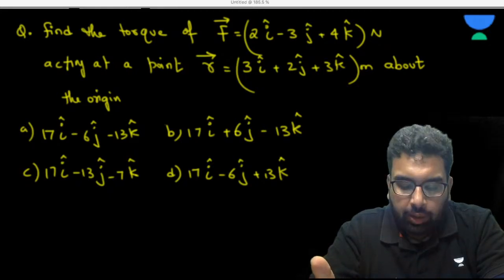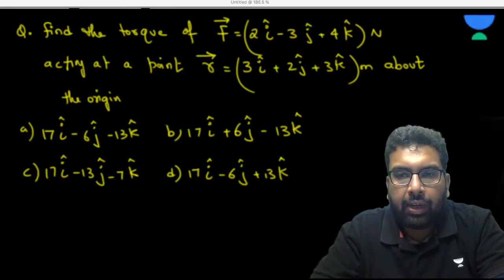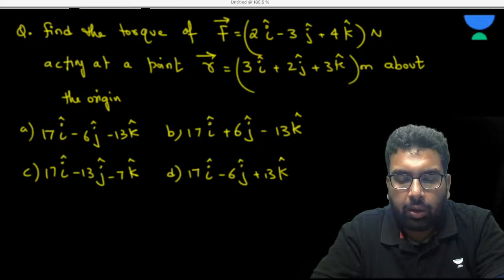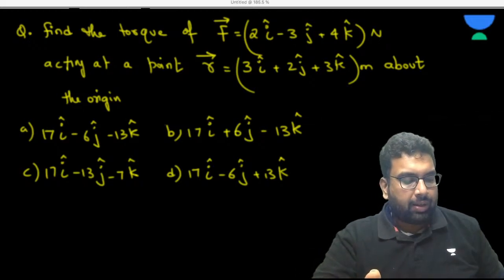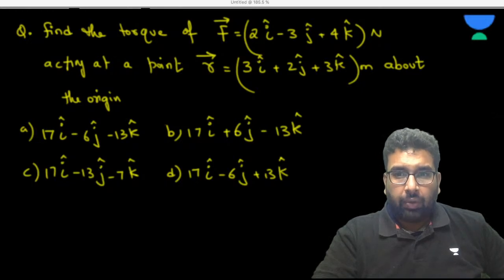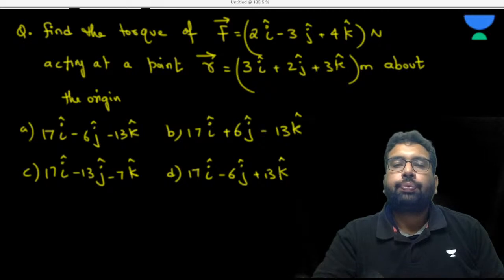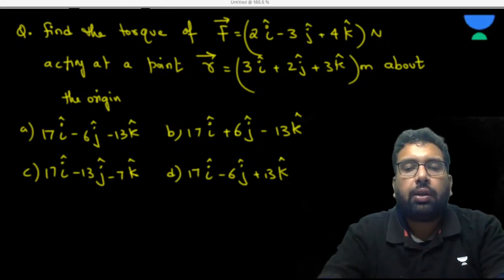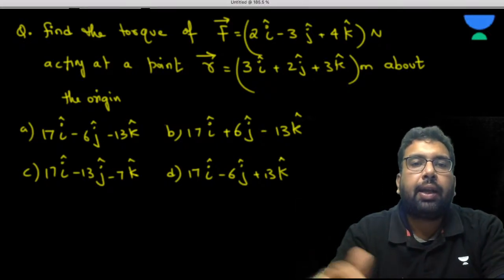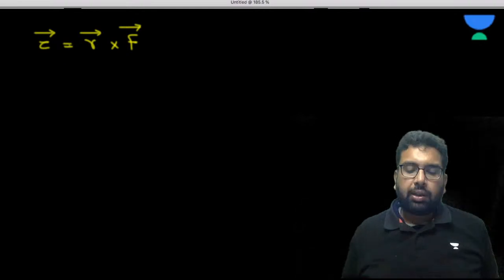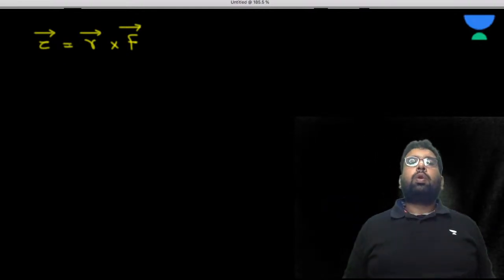So if a force acts in a way that it rotates the body about one point, then we call it the torque, right? So what is the torque? Normally we represent it with this sign of tau. So this tau vector is going to be r vector cross f vector. I told you this in the last session also that this is the displacement vector cross force vector.